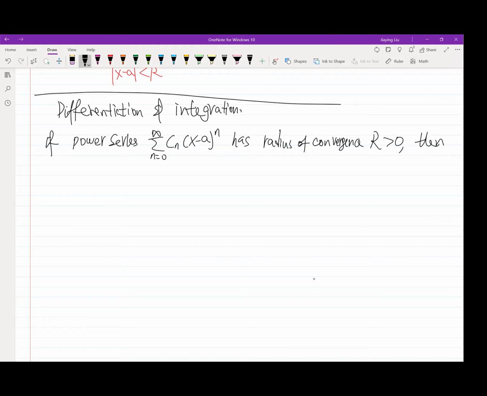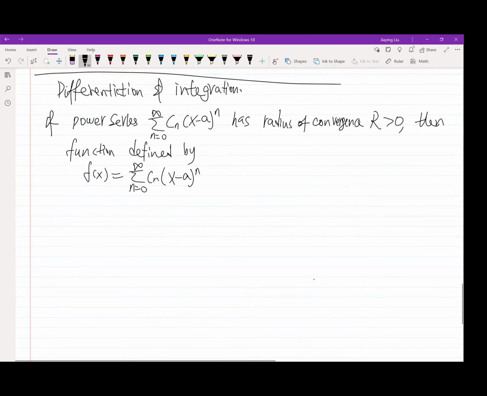then the function defined by the power series, so f of x could be any function, if we can write it as a power series, as n goes from 0 to infinity, Cn times x minus a raised to the power of n, this function is differentiable on the interval a minus R, a plus R. So the interval of convergence, if you recall.